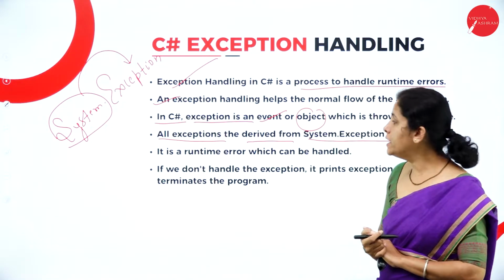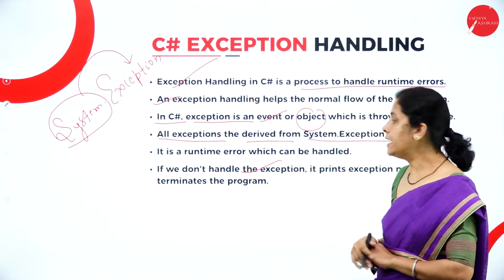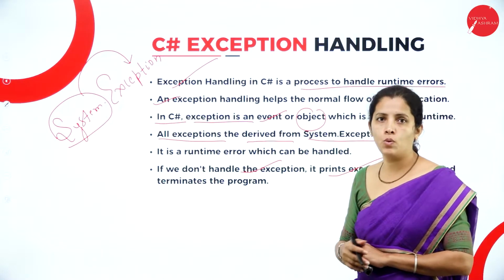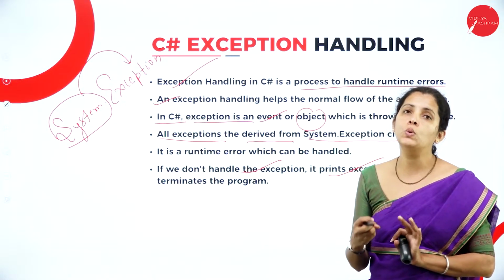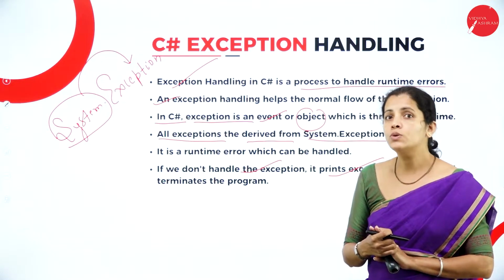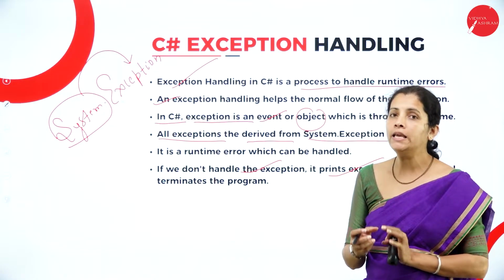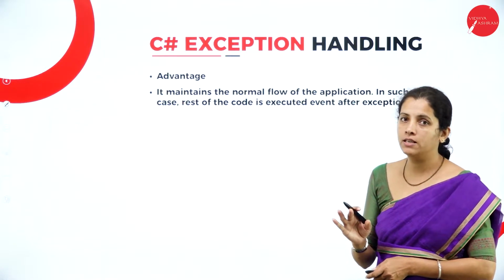And if we don't want to handle the exception, it prints an exception message and terminates the program. So dear student, there are certain times I don't want to handle the exception. In that case, it's just going to print the error message and it's not going to handle the exception.